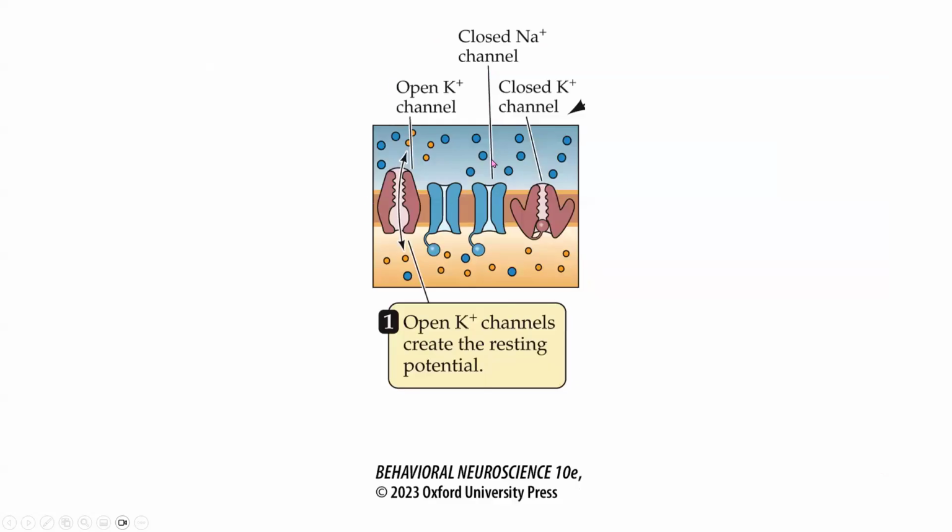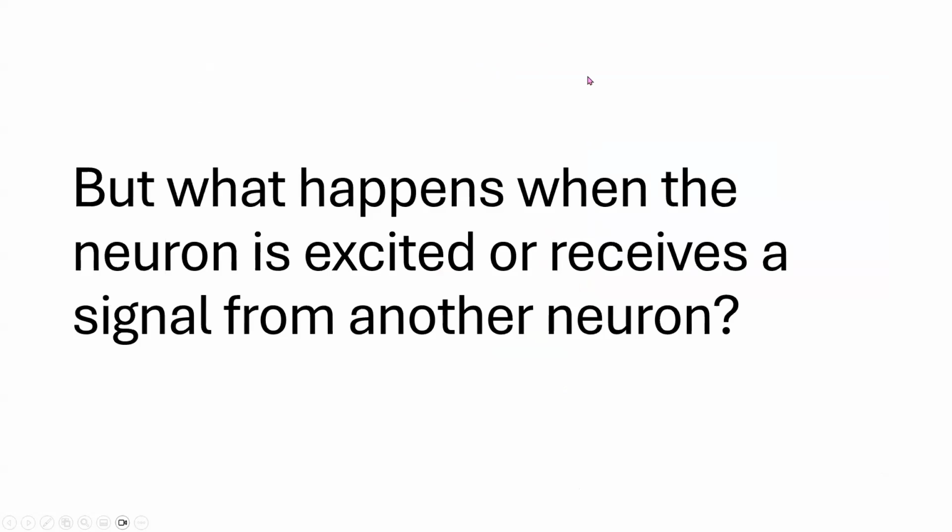So this is another graphic of the same exact thing. When the neuron is at equilibrium, at the resting potential, we have open potassium channels and closed sodium channels. And of course, there are some closed potassium channels as well. But what happens when the neuron is excited? When we say a neuron is excited, we mean that a neuron receives a signal from another neuron.